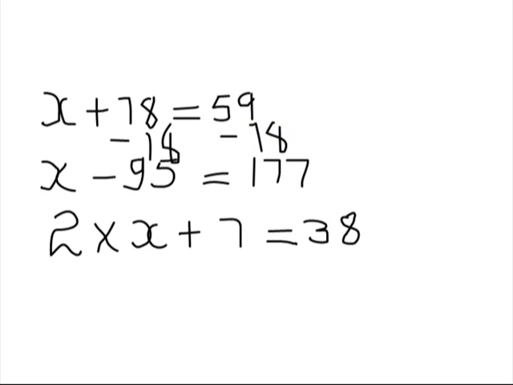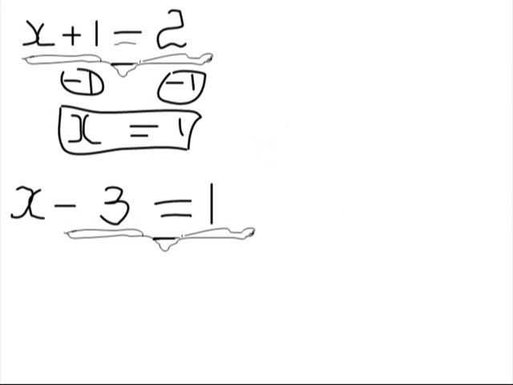So that's why you need a method. When you have big values, it's going to help you. Here I just try to get only x, so that I get the value. But you may also understand it like this: I have x plus 1 equals 2, and since I need the value of x, I just have to reduce the other value by 1.